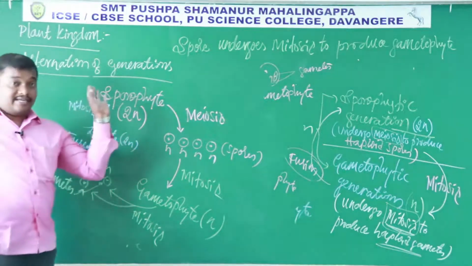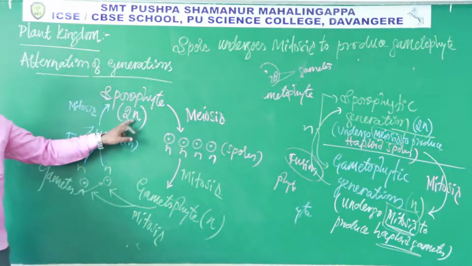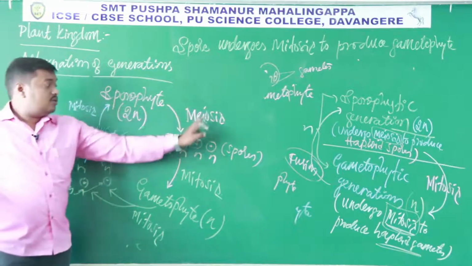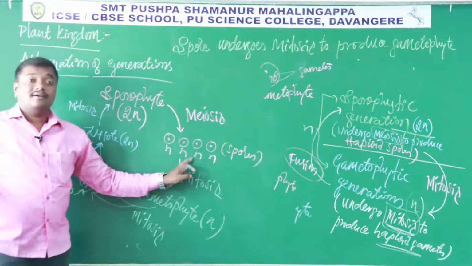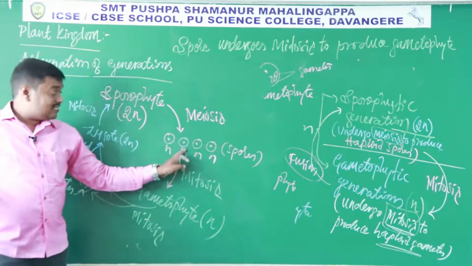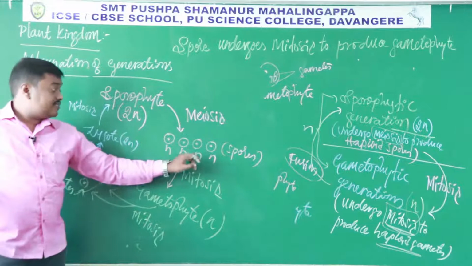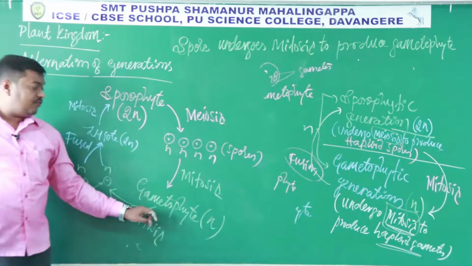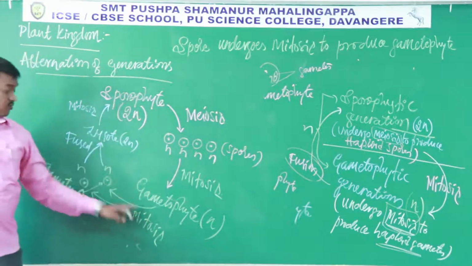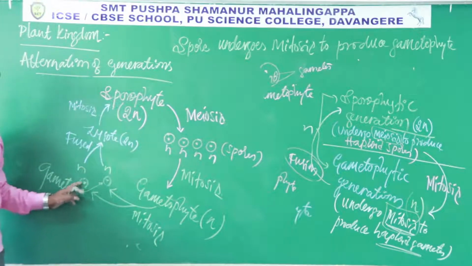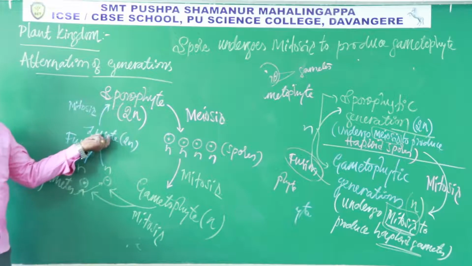Okay, so just recall again, sporophyte is diploid, it undergoes meiosis to form the spores. Remember, spores are haploid in nature. These spores, I am taking only one. This spore again undergoes mitosis to form the gametophyte. So this gametophyte again undergoes mitosis to form the two types of gametes. Those gametes are fused to form a zygote.